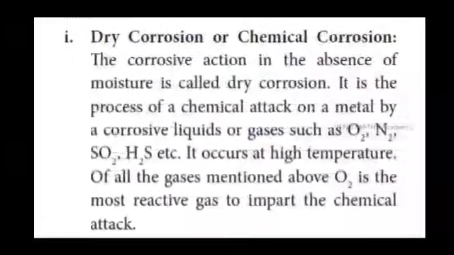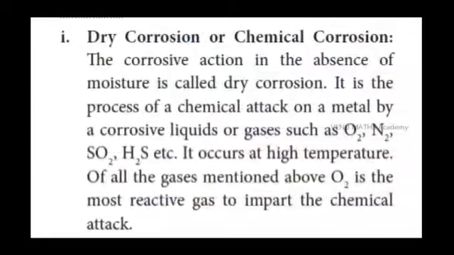Next, types of corrosion. Corrosion can be classified into two types: dry corrosion and wet corrosion. First, let's learn about dry corrosion. This type of corrosion will occur even in the absence of moisture.